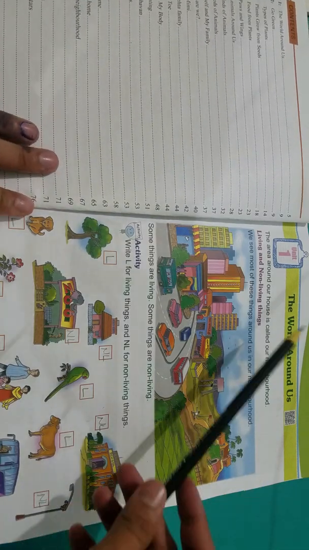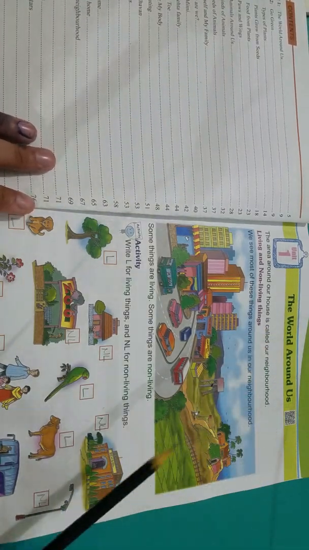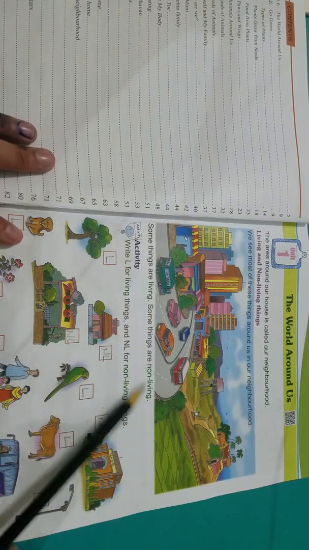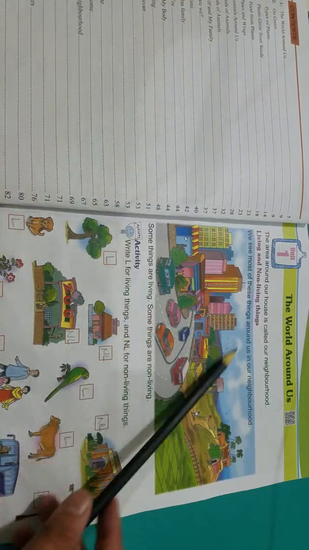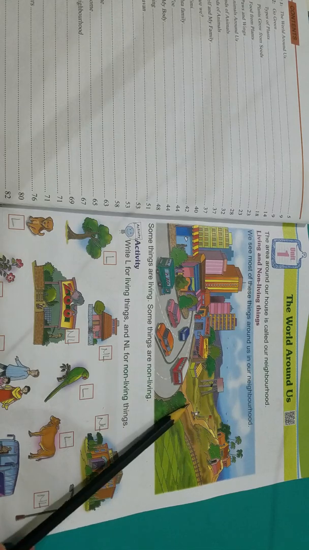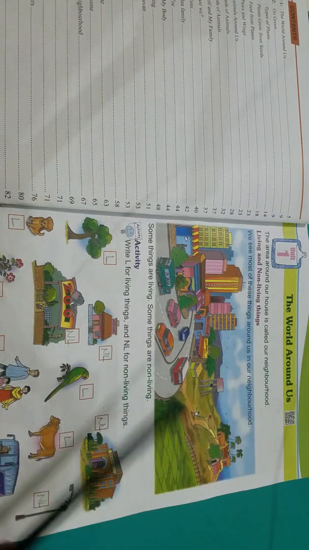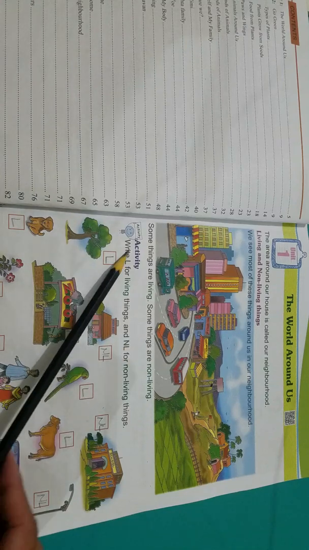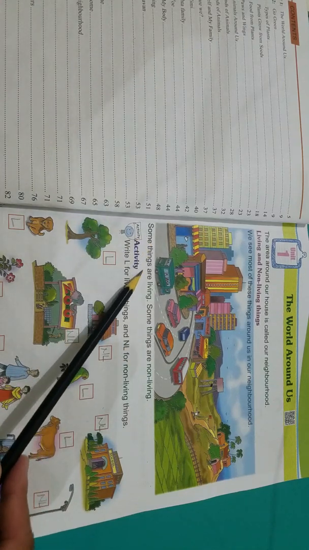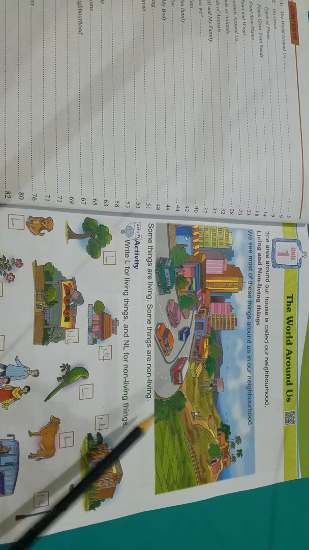So the first chapter is The World Around Us. Here the picture is given. In that picture, living, non-living things, man-made and natural things are also given. See here, some things are living and some things are non-living.